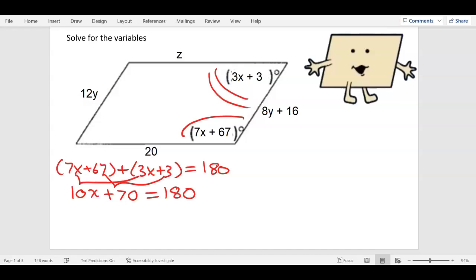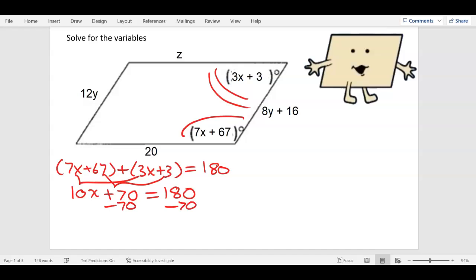Okay? Now you're going to have a problem like this. Does everyone see what we're doing here? We set it up equal to 180, combine like terms. Now let's solve this. Do I get rid of the 10 or the 70 first? The loner, which is 70. Cool. We'll get to the 10 next. But first, get rid of that 70. So how do I get rid of the positive 70? Subtract. Very good.